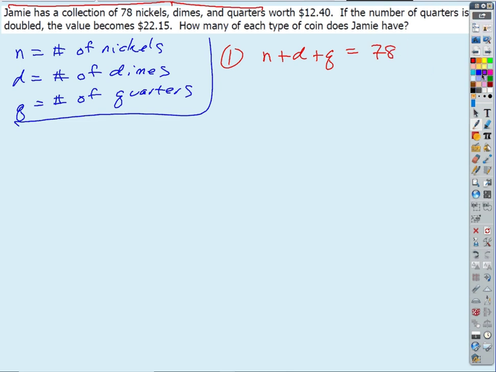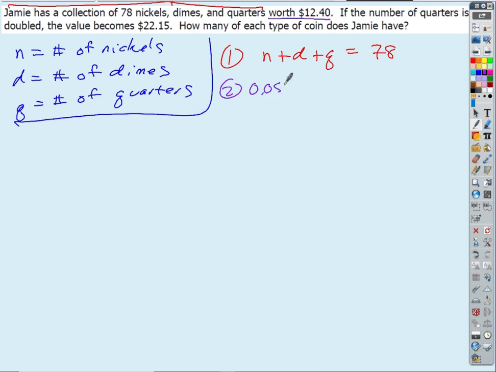Okay, now what about equation 2? Well, it tells us something else here, right? It tells us that the value of all that stuff is 1240. So how am I going to set that one up?